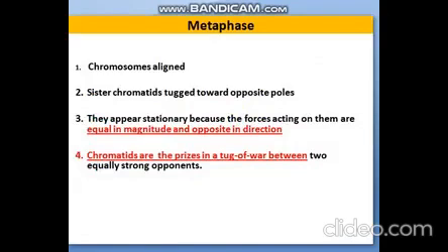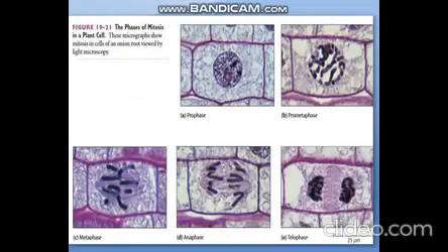The chromosomes are aligned together, sister chromatids are tugged towards the opposite poles, and the chromatids are in a kind of tug of war between two equally strong opponents, right? And after the metaphase, we have the anaphase, where the pull will be exerted. This is the image of prophase, this is the prometaphase, this is the metaphase, and here is the anaphase, and then the telophase. This is the example of a plant cell.